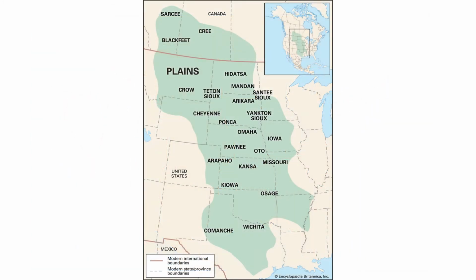Well, here is yet another map showing the general location of the various tribes of the plains. And again, this is as of the 1800s, roughly. You can see there's quite a few on there. Some of them you may have heard of before, maybe some of them you had not.